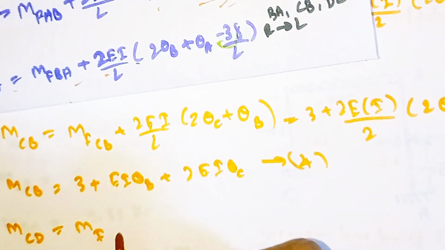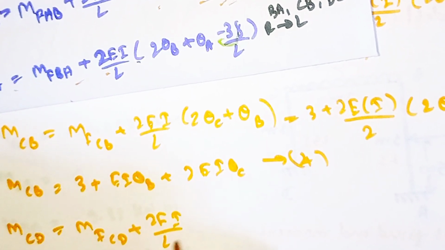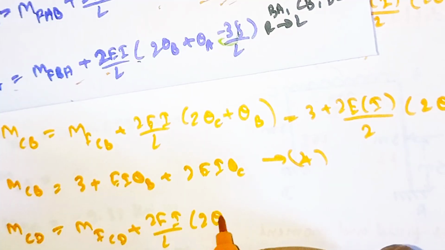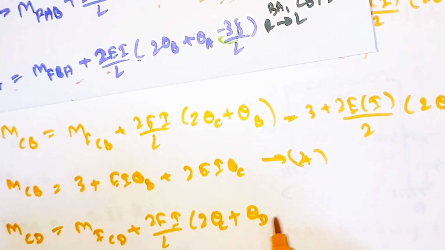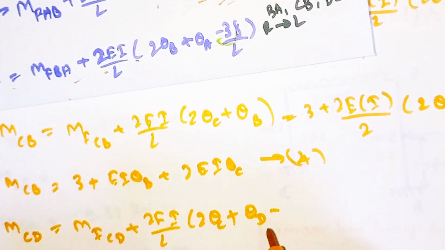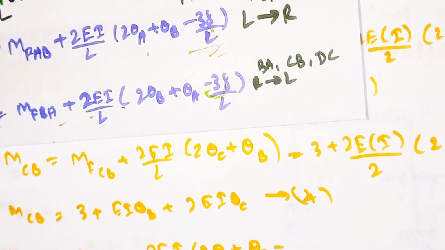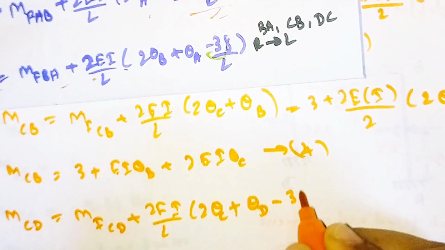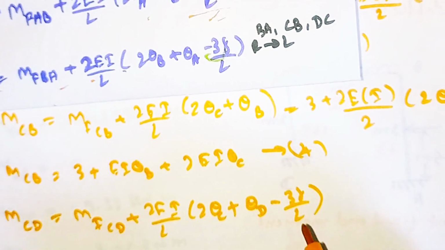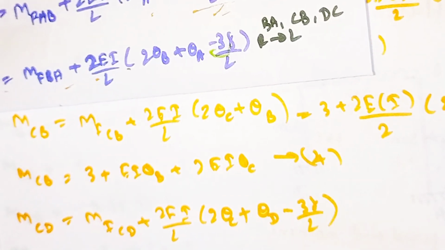So MFCD plus 2EI divided by L, 2 into first letter is C plus second is D, theta D minus here the vertical. So our CD is the vertical member, so we need to consider 3 rho divided by L because it is the vertical member. Deflection is acting on vertical member.